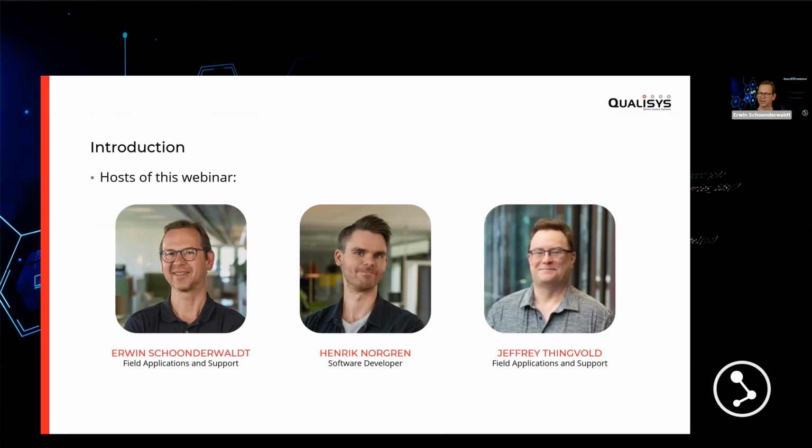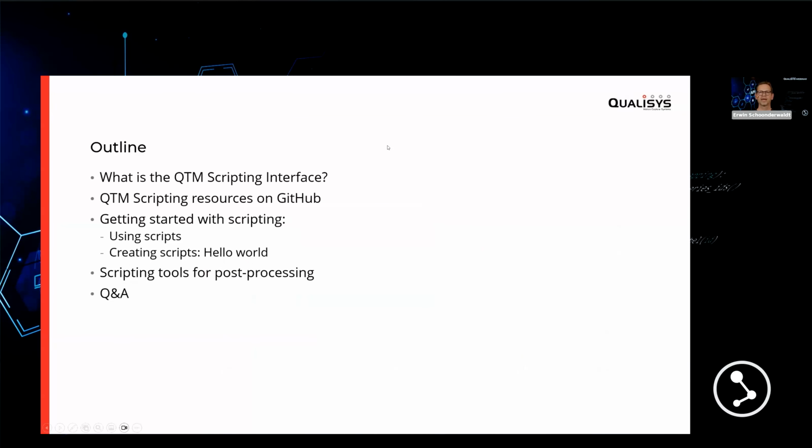So shortly about today, we are first starting with an introduction to the QTM scripting interface by Henrik. Then I'm going to tell a bit about the resources we have on GitHub for the scripting. And after that, I'm presenting a section about getting started with scripting.